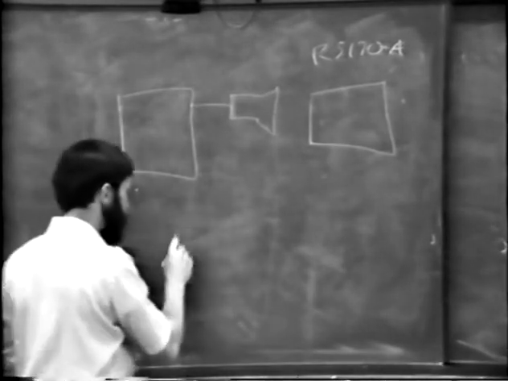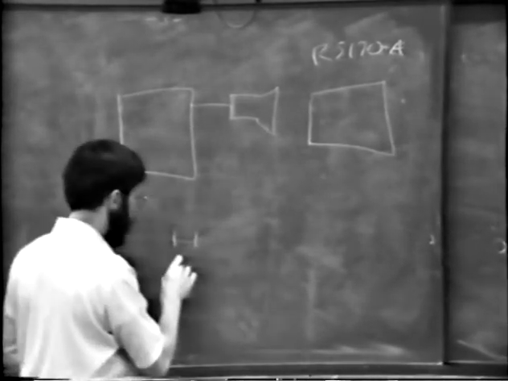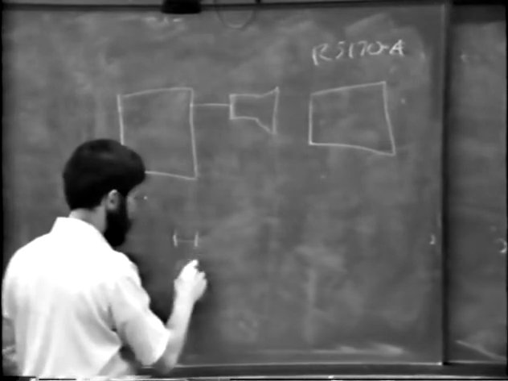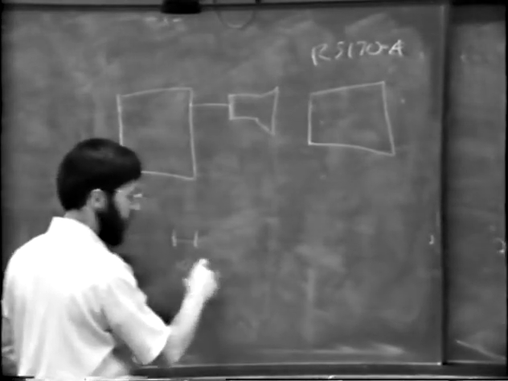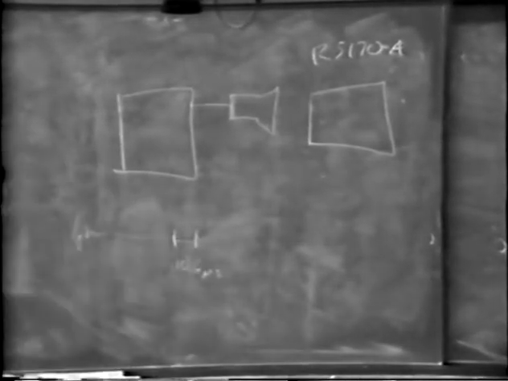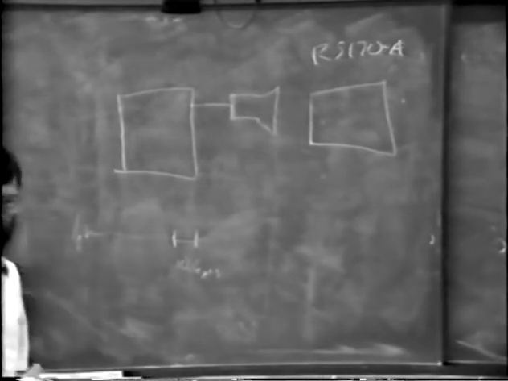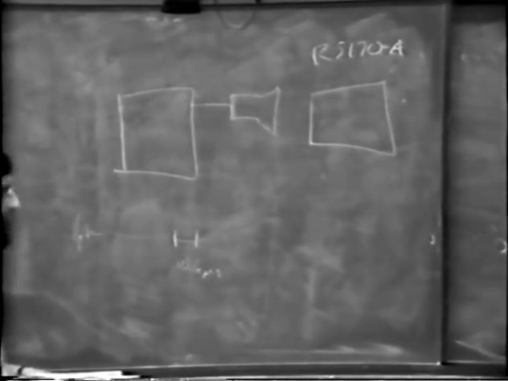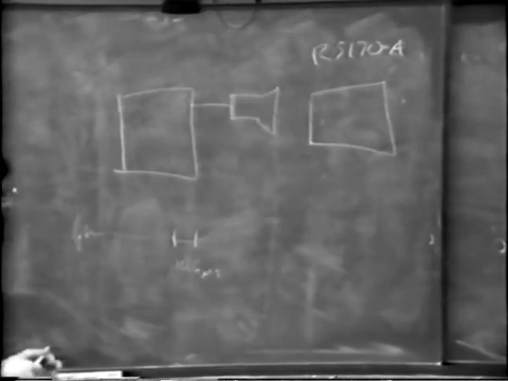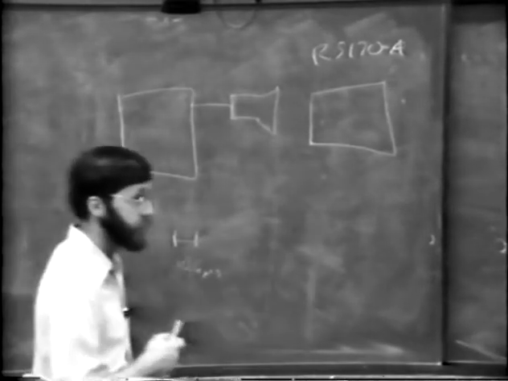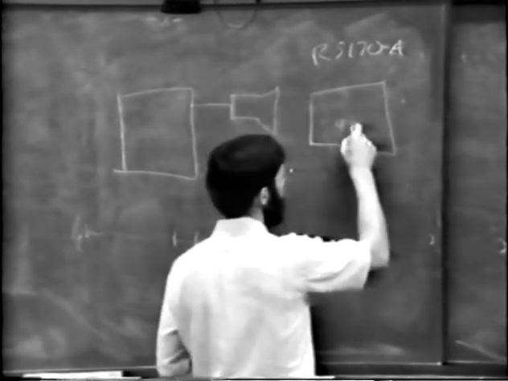This blanking signal is supposed to be something like 10.6 microseconds. I'm not sure exactly. And the vertical retracing is a certain amount of time. And if you follow all those standards, the number of scan lines that you get on the image is something like 483 and a half.